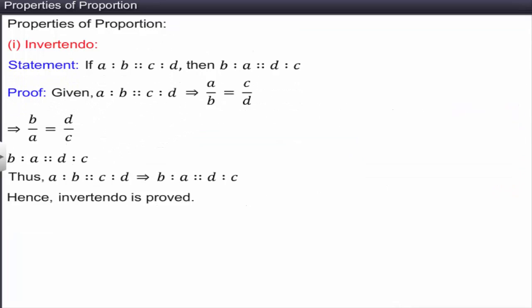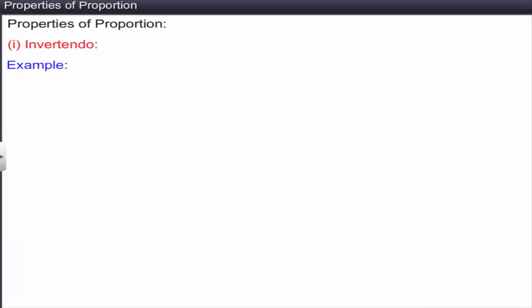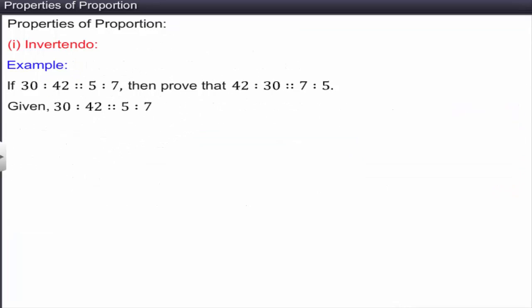Now, let's see an example based on this property. If 30 is to 42 is as 5 is to 7, then prove that 42 is to 30 is as 7 is to 5. Given 30 is to 42 is as 5 is to 7. This can be written as shown here.